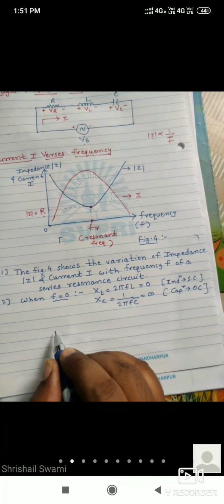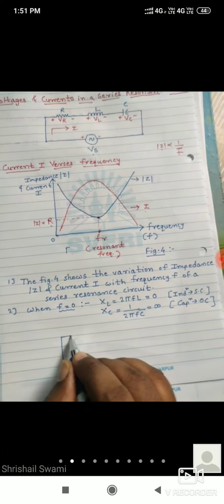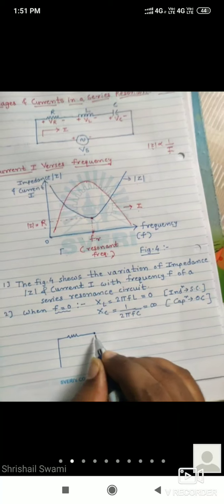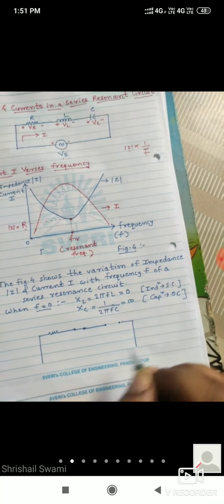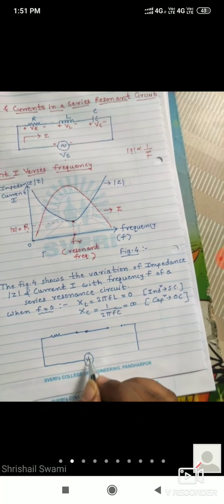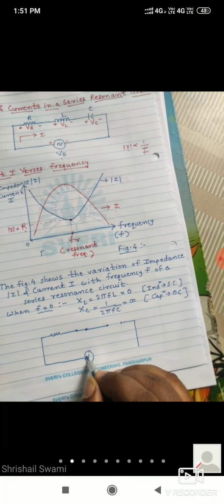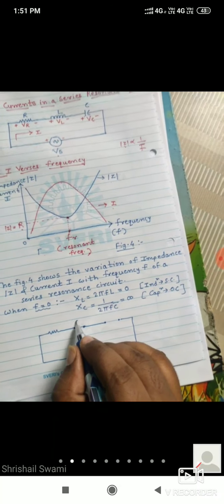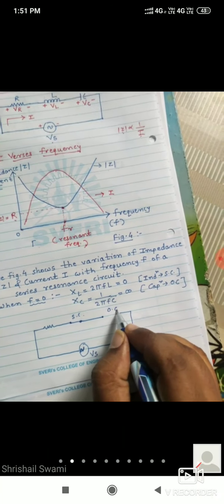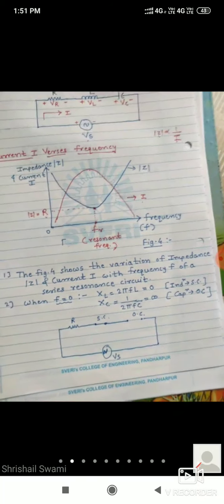Okay, I will draw the circuit so that you can understand. Okay, now this is short circuit, this is open circuit, and this is R. So what is the value of current?